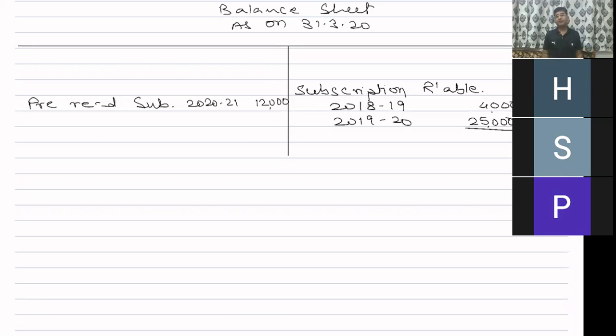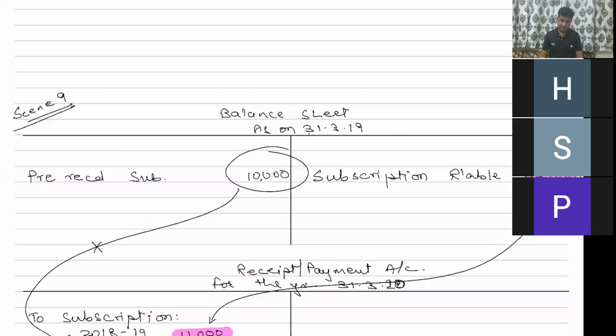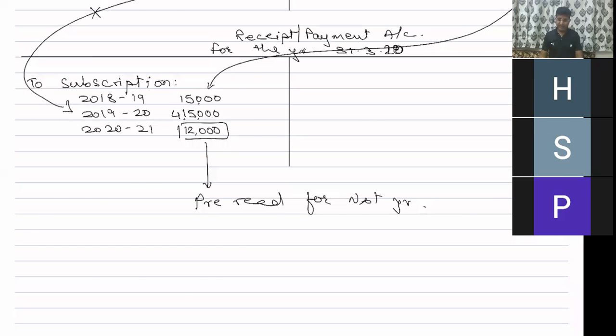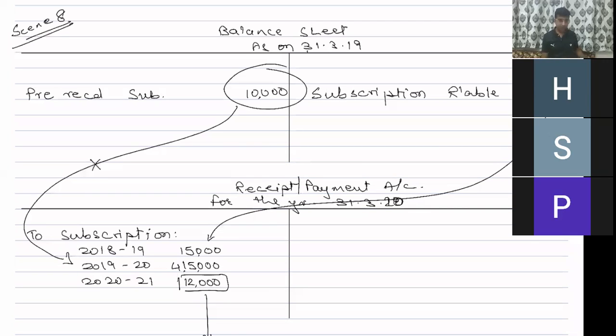Did you people get it? Yes or no? Both the scenes are clear for everyone? Chalo, chapter 5 fatafat. Complete it fast. Scene 8 and scene 9. No, Ashtosh, you cannot make the combination of all these scenes.